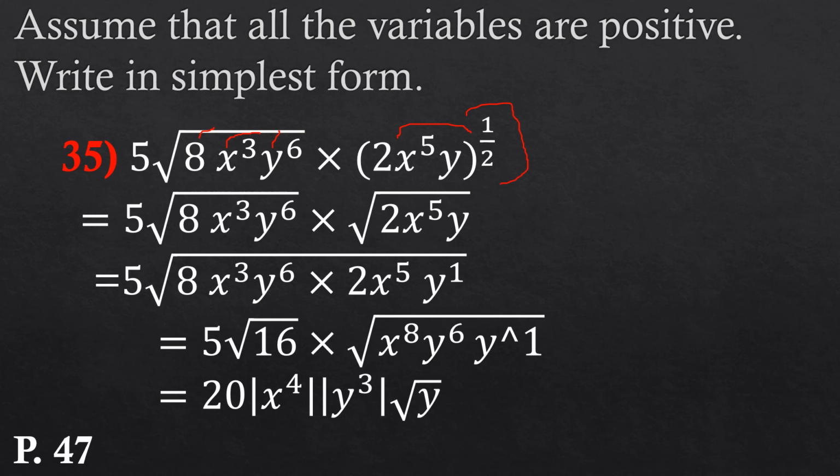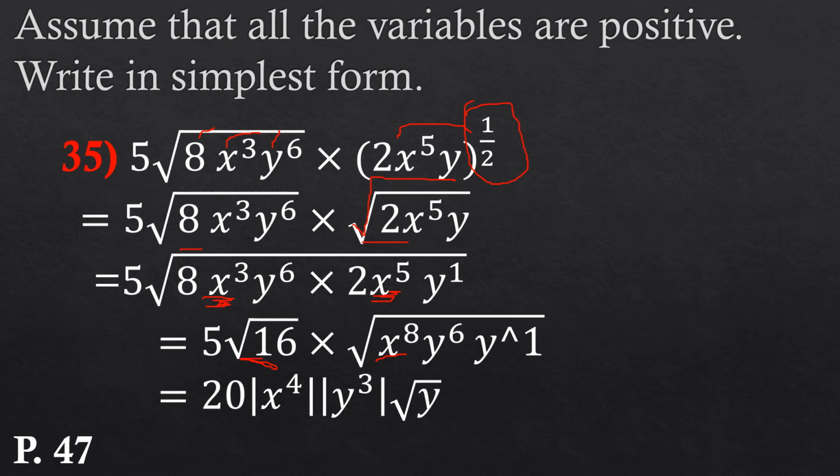Here we have 1/2 power, which means the square root. So here 8 times 2 equals 16, and we have x power 3 here and x power 5 here. It will be x power 8. We will add the exponents, that means the powers.